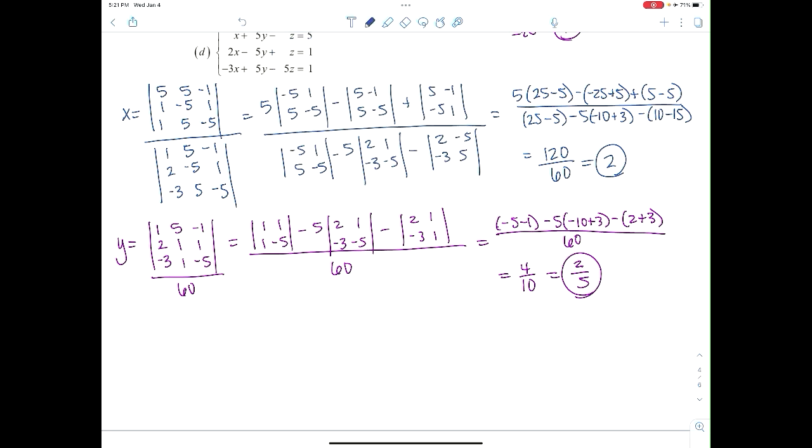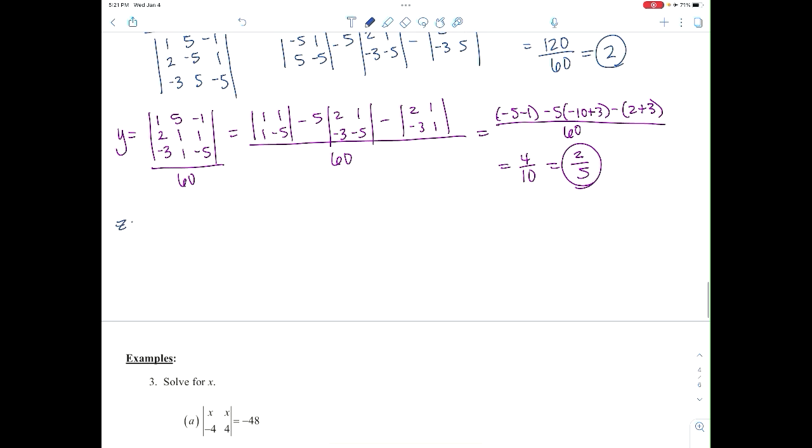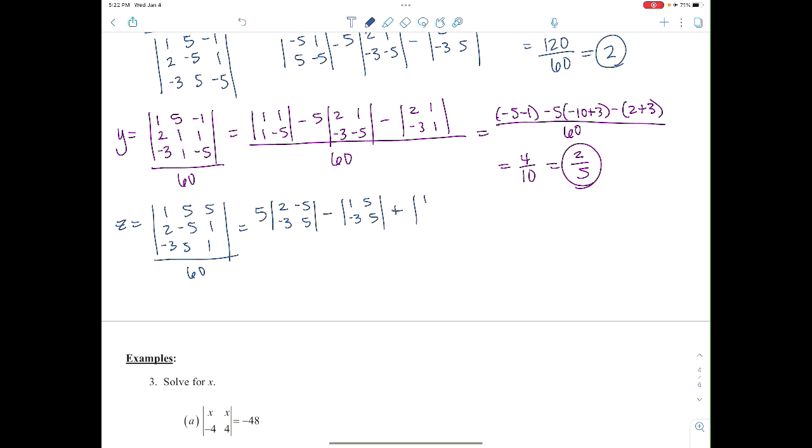And finally, for z, we get the determinant 1, 5, 5, 2, negative 5, 1, negative 3, 5, 1, over 60, which is 5 times the determinant of 2, negative 5, negative 3, 5, minus 1, 5, negative 3, 5, plus the determinant of 1, 5, 2, negative 5, over 60.